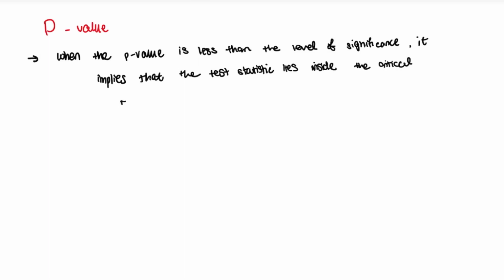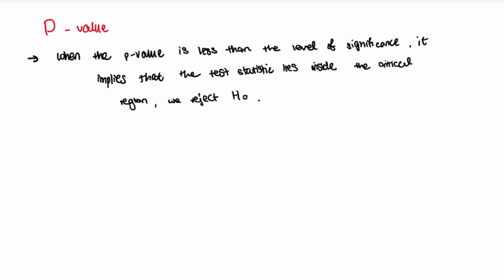And when it lies inside, hence we reject the null hypothesis H0. So if the p-value is less than the level of significance, it will always mean that the test statistic lies inside the critical region.